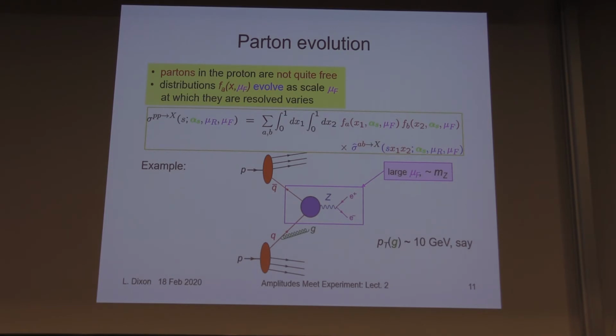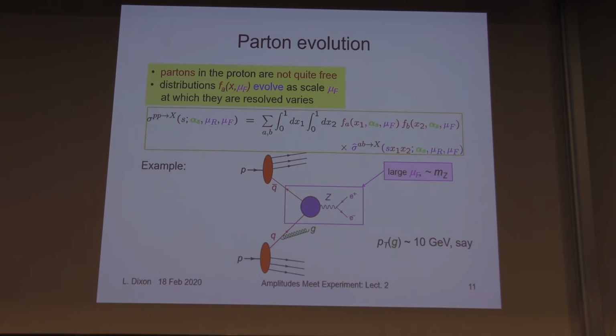Both of them evolve logarithmically due to processes like this as we change the resolving power that defines the short distance cross-section. But they should compensate, and the results should be independent of the factorization scale. Now in practice, whenever you do a truncated perturbation theory calculation, the cancellation is not quite complete, and you can use that as a measure of the uncertainty.